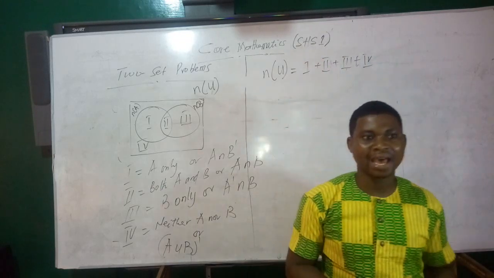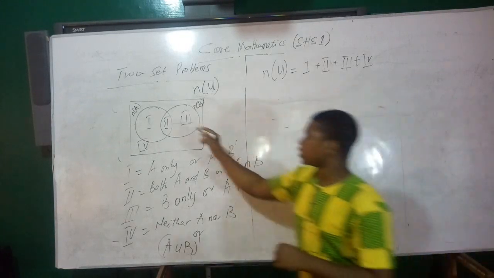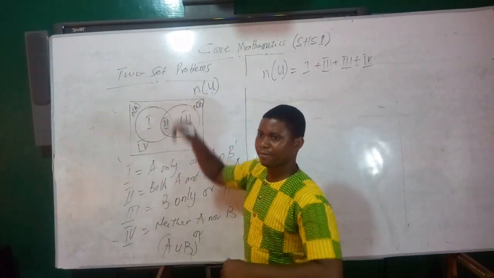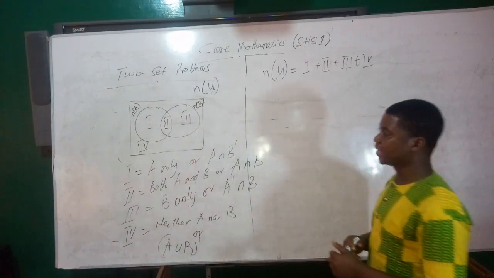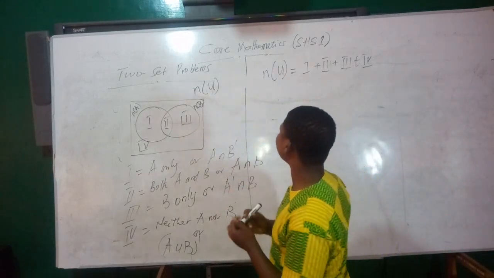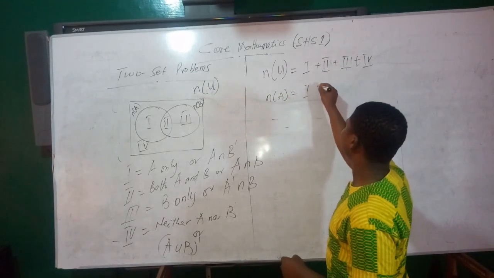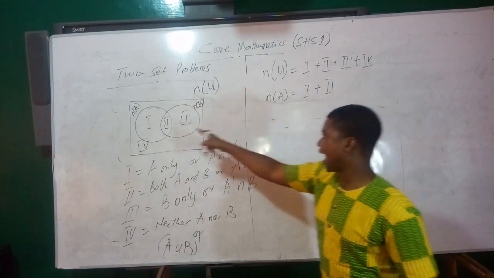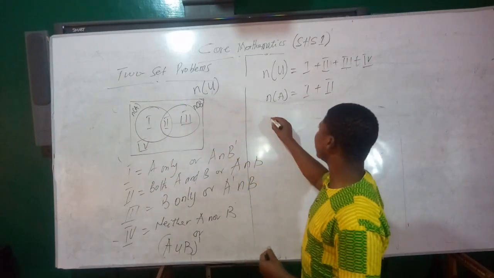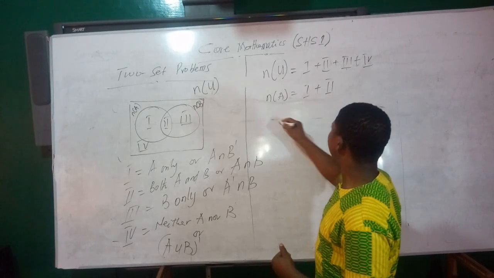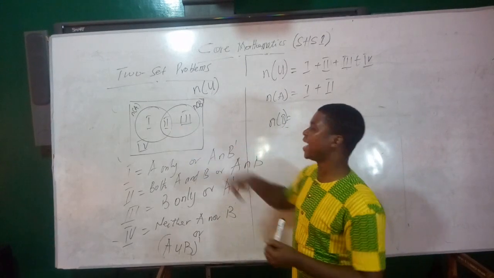Now, let's concentrate on A and B. If you look at A and B, n of A gives us I and II. The I plus II gives you the number of A. Then if you look at n of B, that one gives you II and III.